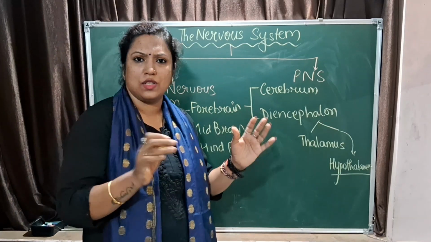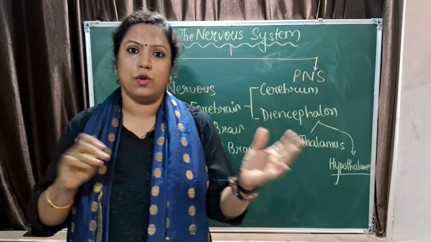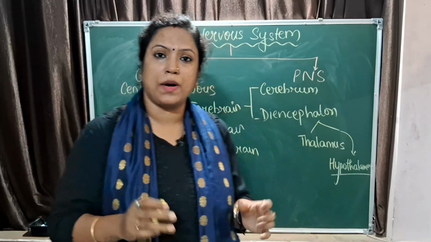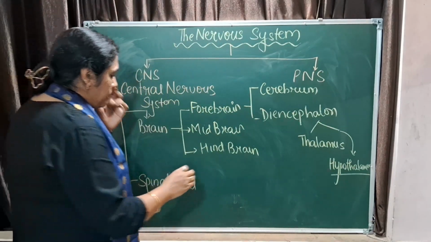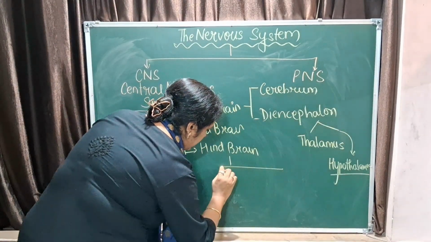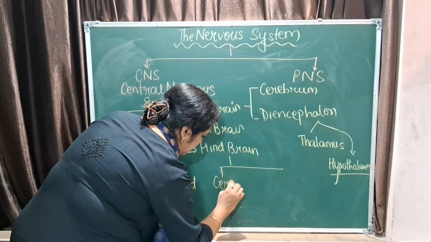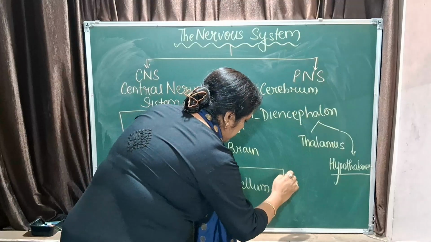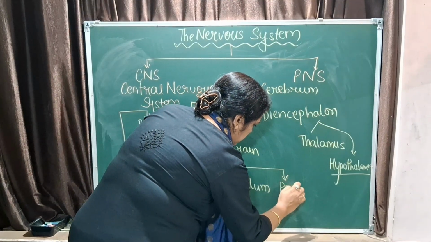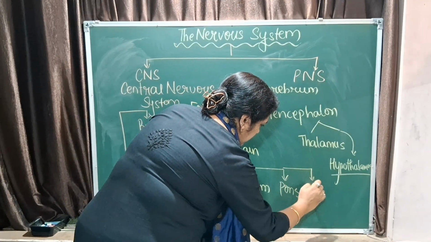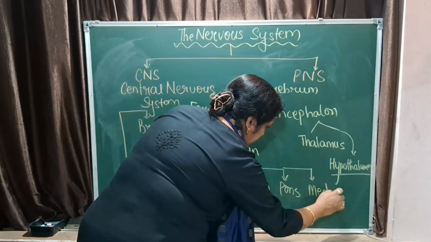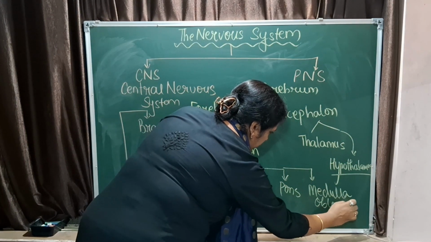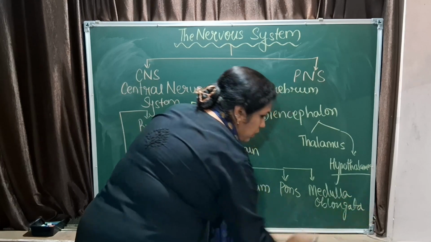The midbrain is generally an association between the forebrain and the hindbrain. It relays information from the hemispheres, different parts of the brain. The hindbrain contains the cerebellum, pons, and medulla oblongata, right.